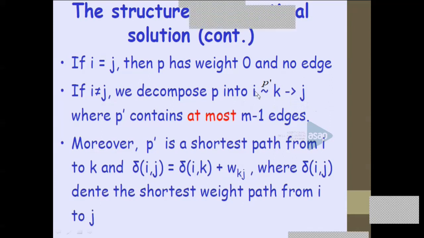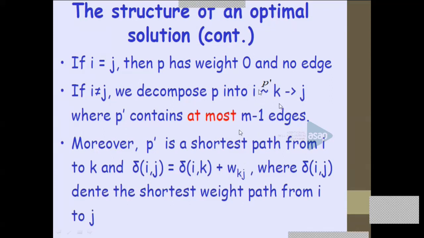And this I to K should also be the shortest path. The shortest weight path from I to J will be the shortest weight path from I to K, that weight, plus the weight of the last traveling, that is K to J. Okay, this is the structure of the optimal solution.